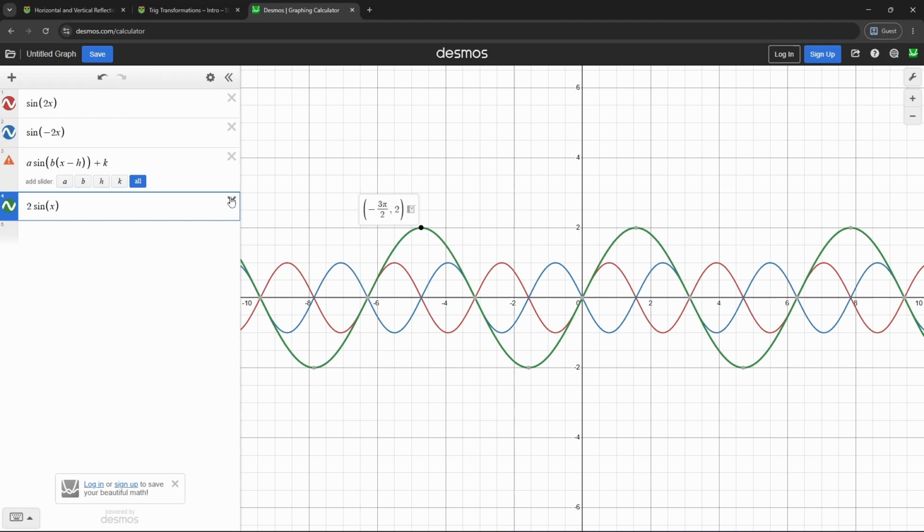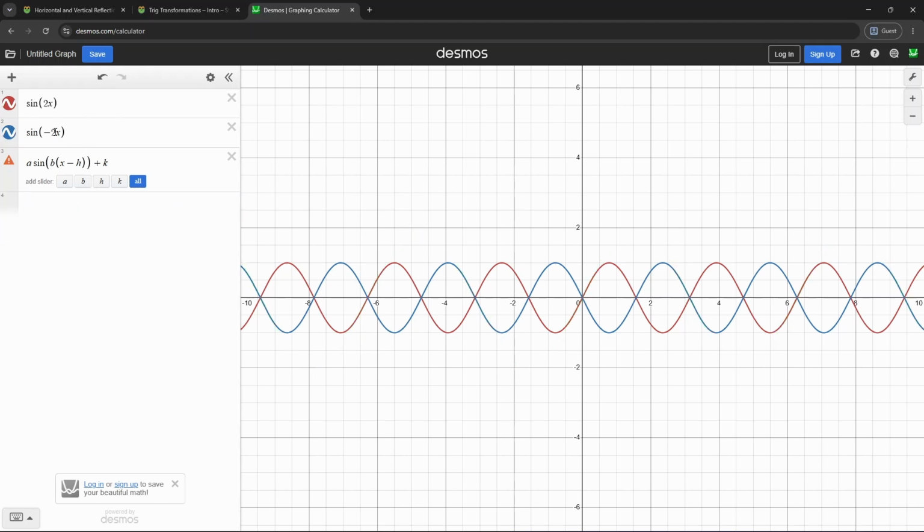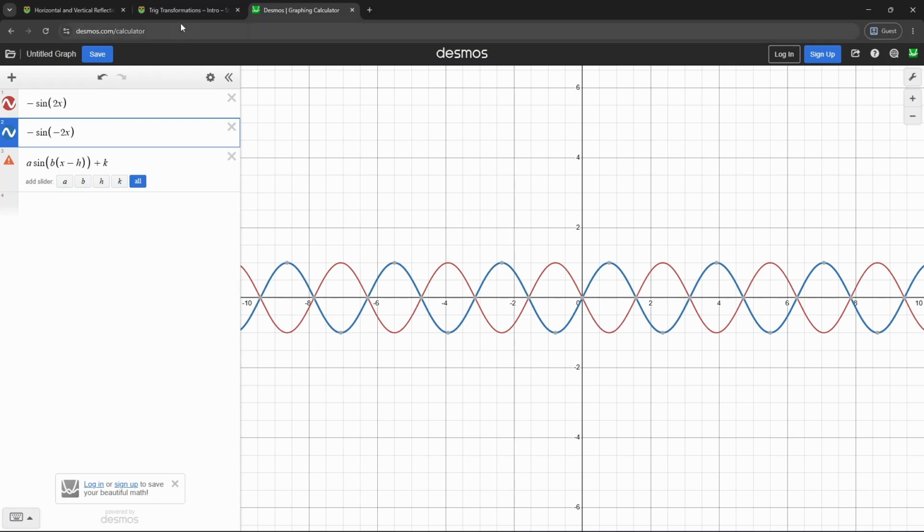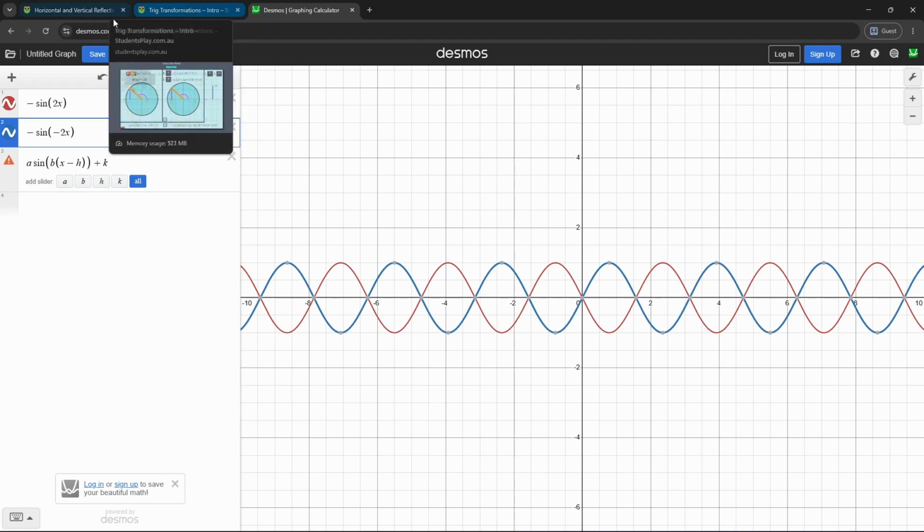Okay, so there's some coincidences that happen, but we want to focus on reflecting across the y-axis as the mirror if we're doing a translation like that. And if we're doing a reflection on the y-axis, then the x-axis is the mirror. Okay? Might take a little bit to get your head around, but that's how I would think about it.